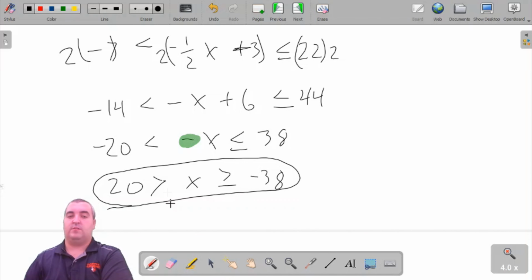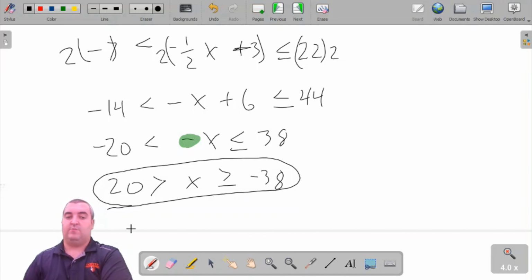One thing, though, that you want to be careful with is usually with these compound inequalities, the better final answer, the more consistent, or the better looking one, I would say, is when we start with the lowest on the left and go to the highest on the right. So we can see here it says 20 is greater than x, which is greater than or equal to negative 38.